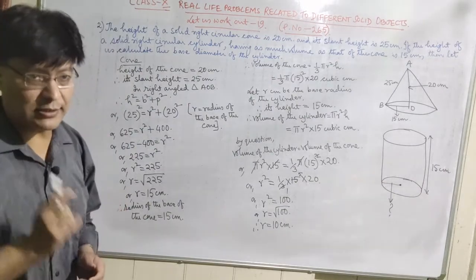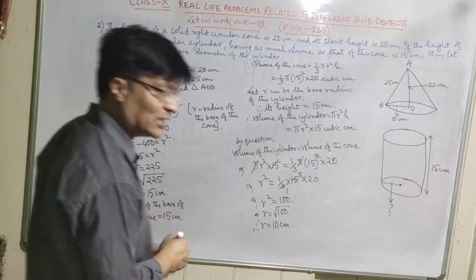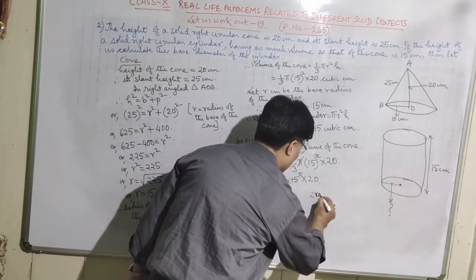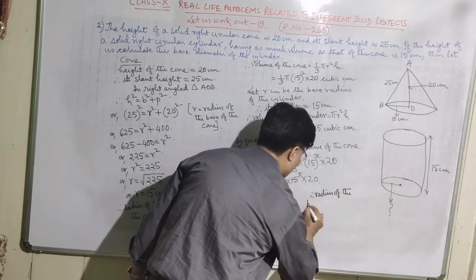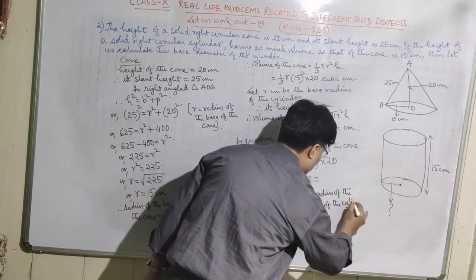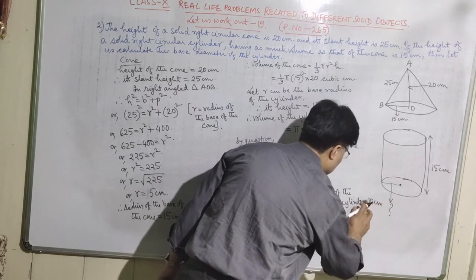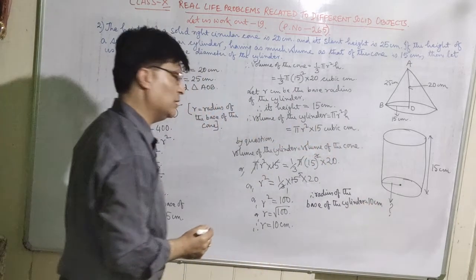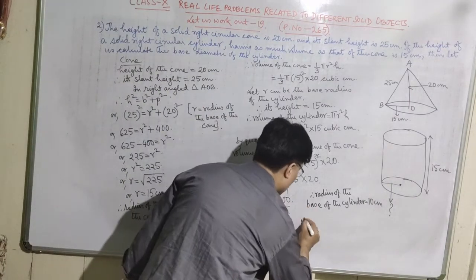So what is the radius of the base of the cylinder? It is 10 centimeter. You can write here, therefore, the radius of the base of the cylinder is equal to 10 centimeter. Now what is the base diameter of the cylinder?